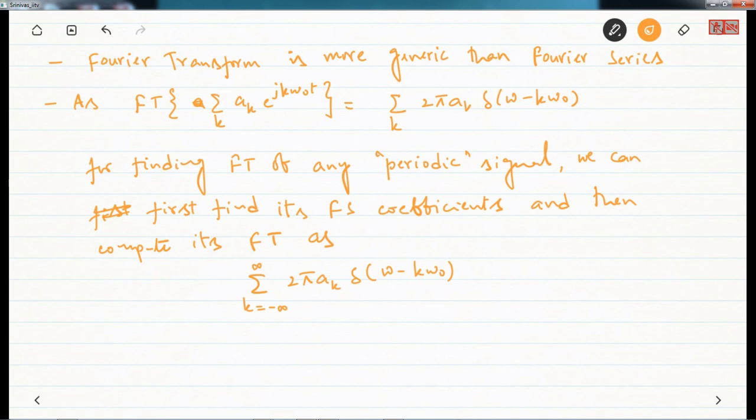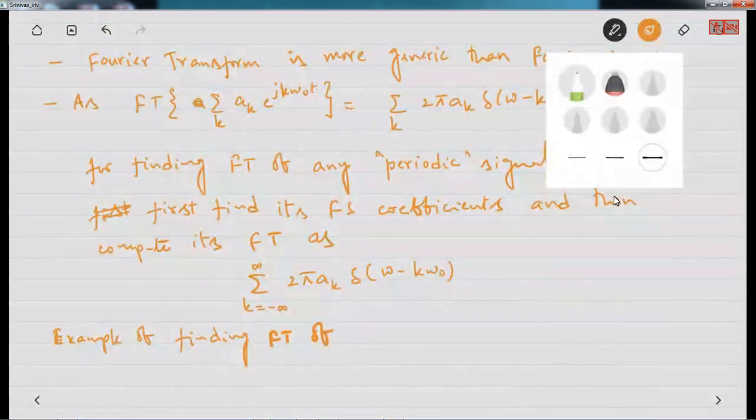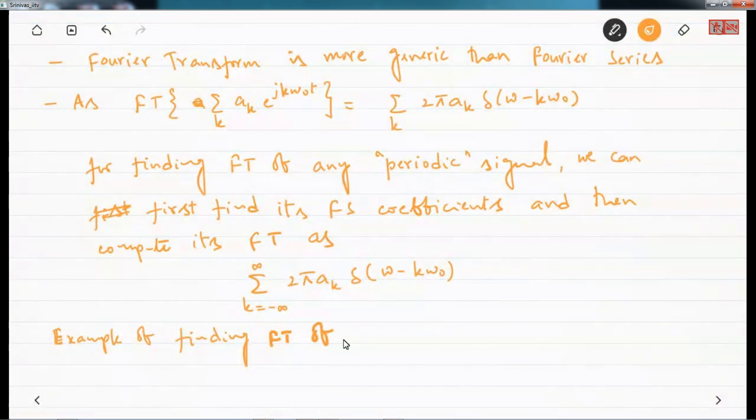So we'll do at least 3 examples here, which are of interest. Okay, now let's do some examples of finding Fourier transform of periodic signals.